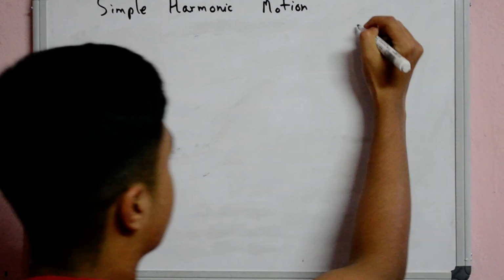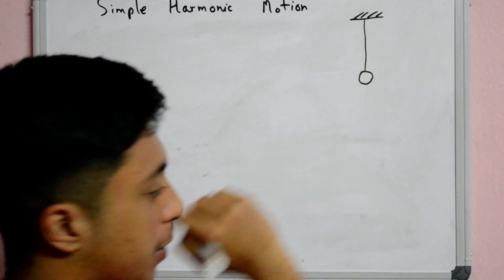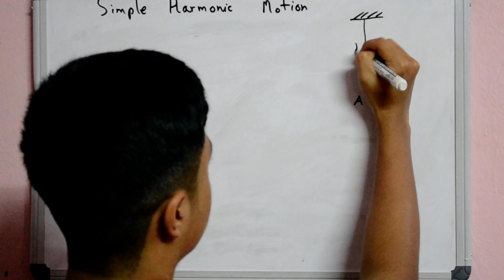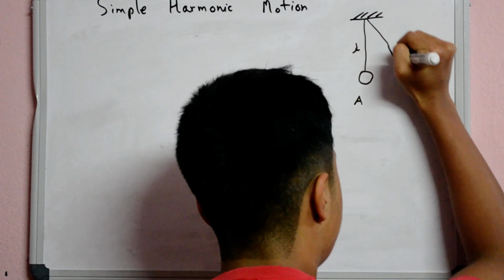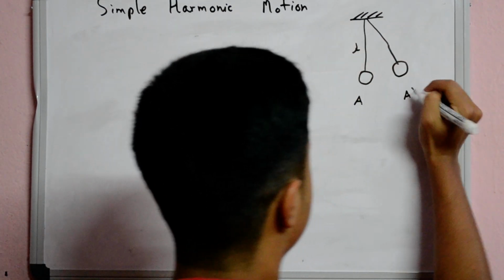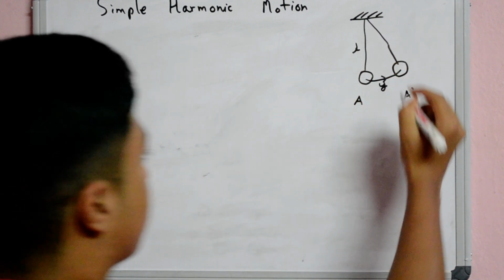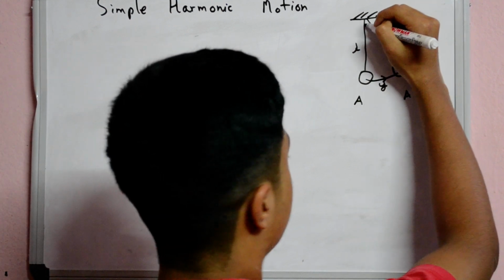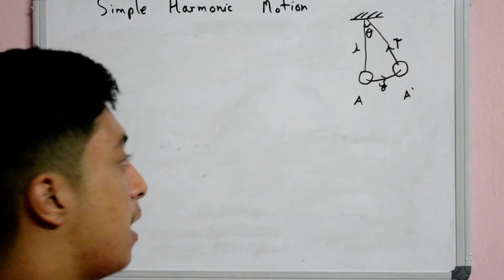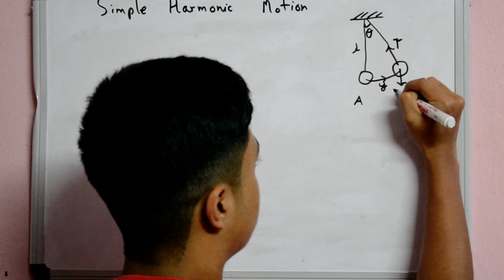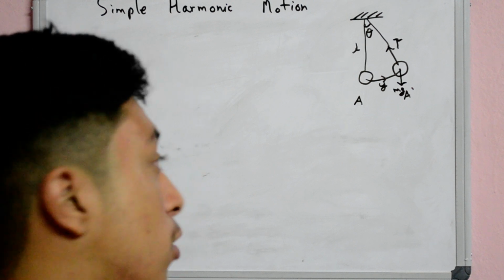Let's say we have a rigid support like this, and initially the bob of the pendulum is here at position A. Let's say the length is the rod, and after a certain time it travels around here, let's say A dash, through a displacement of y. Because of the displacement, let's say this angle is theta, so some tension is produced here, and the weight of the bob is mass into gravity, which gives us two vector components, namely the cos component and the sine component.